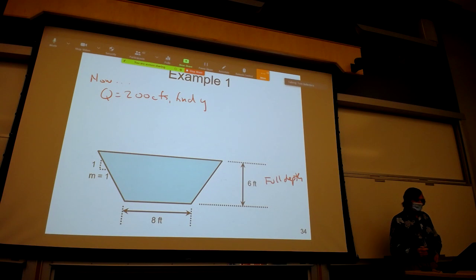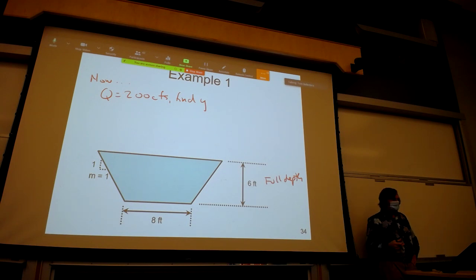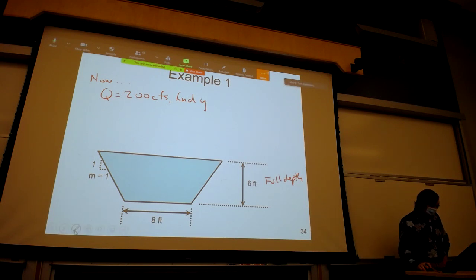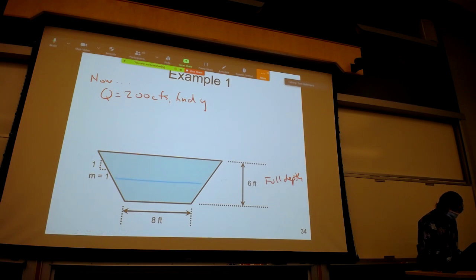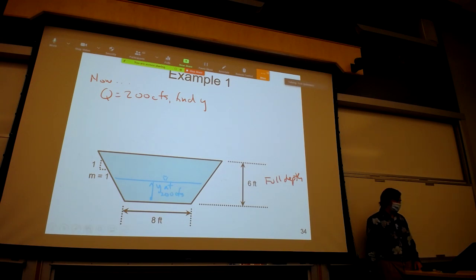feet per second. But now, let's say we want to know the depth of flow if there's only 200 CFS flowing in this channel. So in this case, we know it's not going to be the full depth. We want to know the depth of flow of 200 CFS.